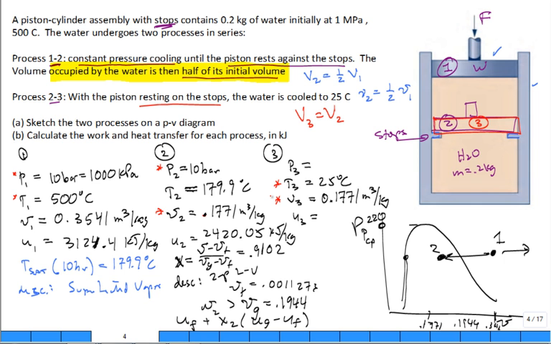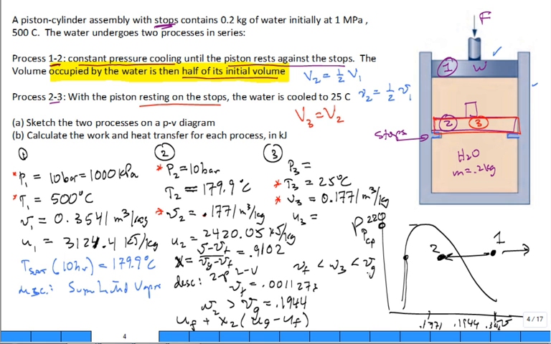Okay, so now that we know it's here, I need to figure out the quality. I find that V sub 3 is between V sub F and V sub G, but those V sub F and V sub G are not evaluated at 79.9 degrees C, because 25 degrees C is the saturation temperature.